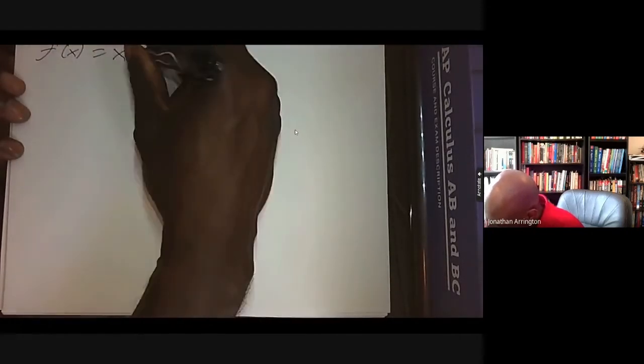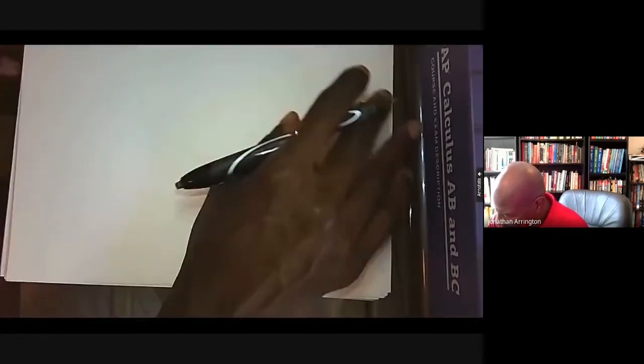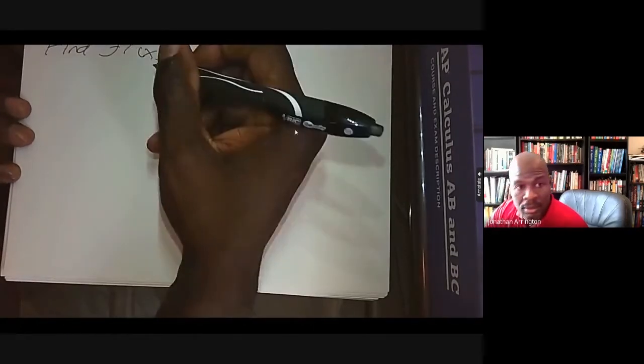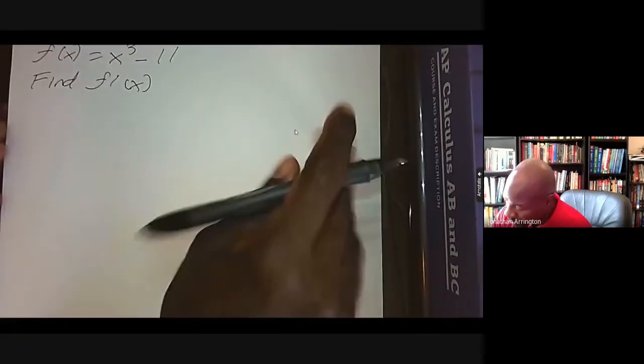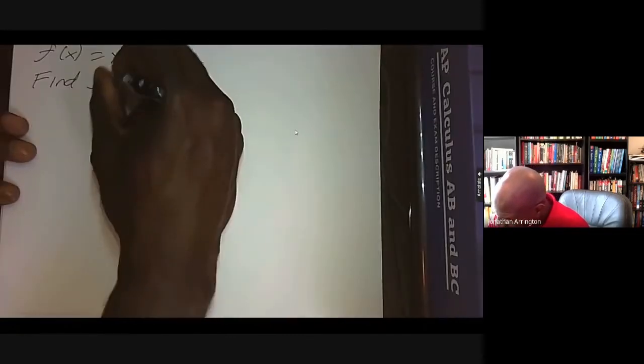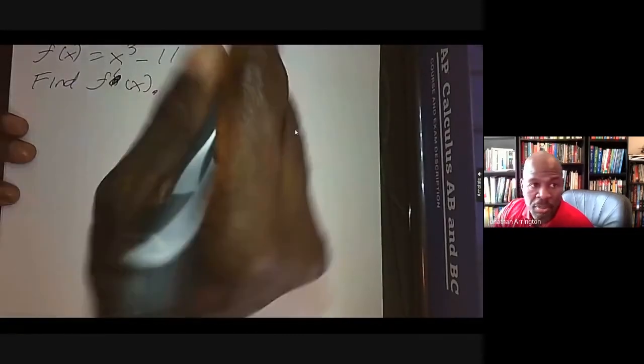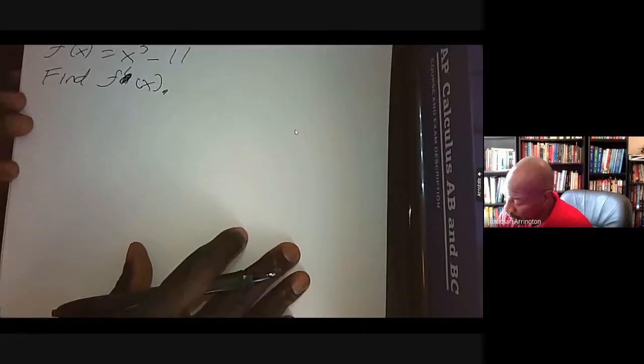So here, let's say my function f of x is x cubed minus 11, and I want to find f prime of x, the derivative of f of x.